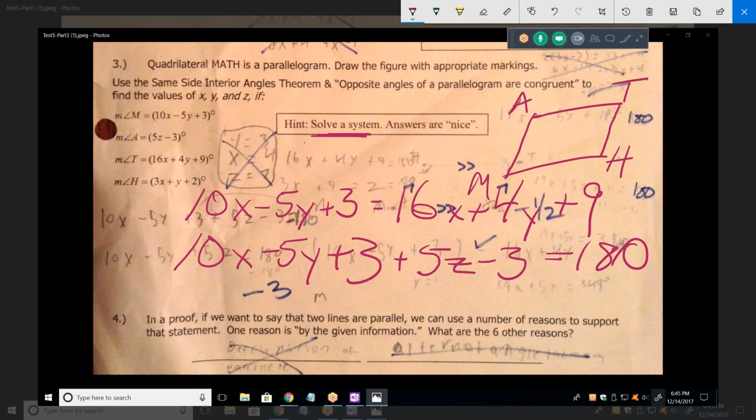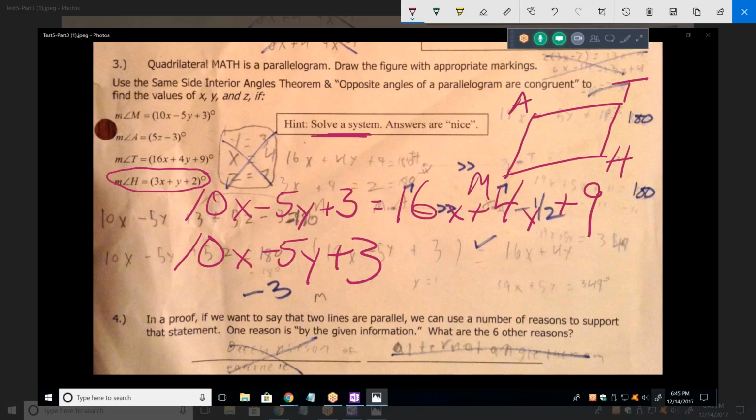So, how about we go back and use this one that doesn't have a z in it instead of a. What is true about a and h? They are equal. That makes this a whole lot easier to solve.